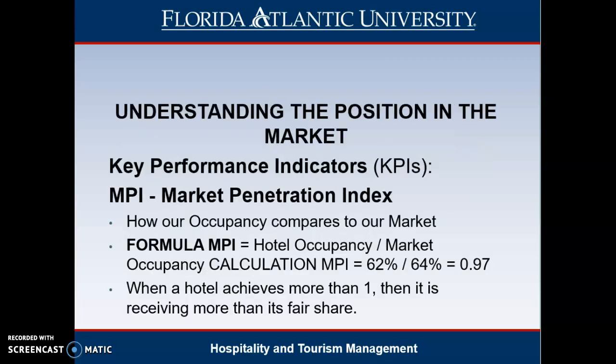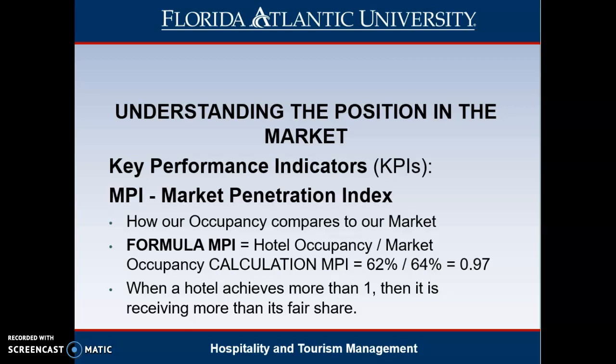So then KPIs. The market penetration index is how we compare to the market. As I skirt over these in this summary, remember that the STAR report section really hammers home what these things mean.